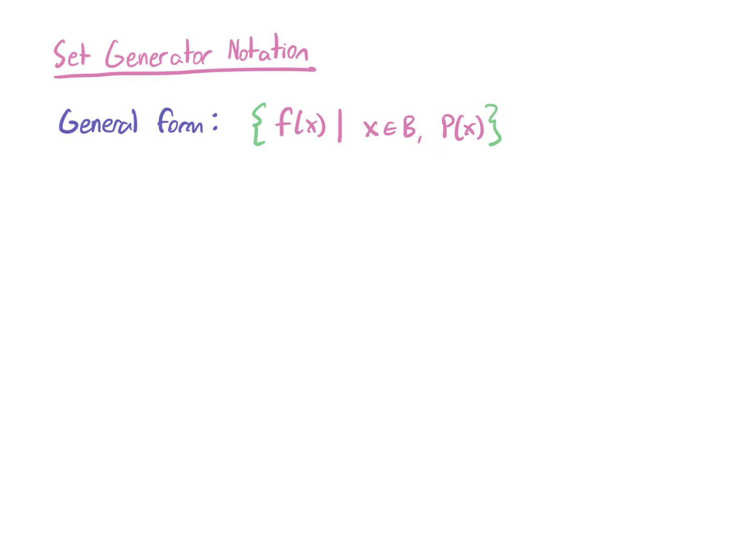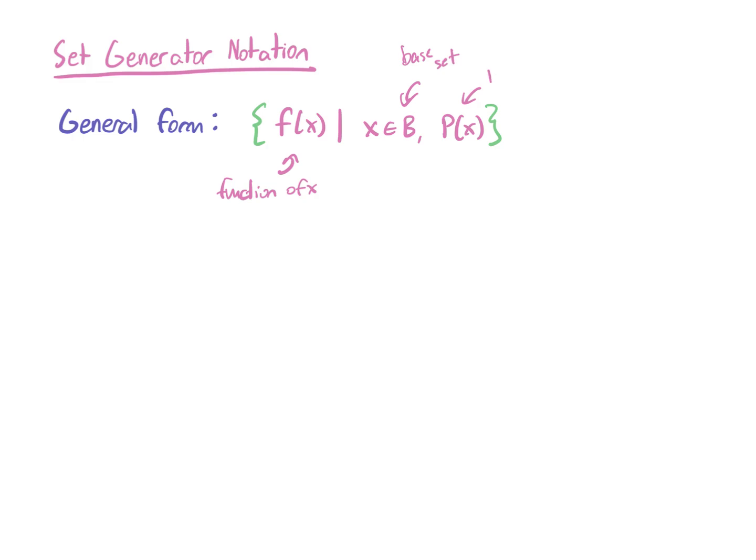It has the following form: between curly braces, f of x, where here f of x is some function of x. And then I again have a base set, just like I did in the case of set builder notation, just now the base set is in a different place.